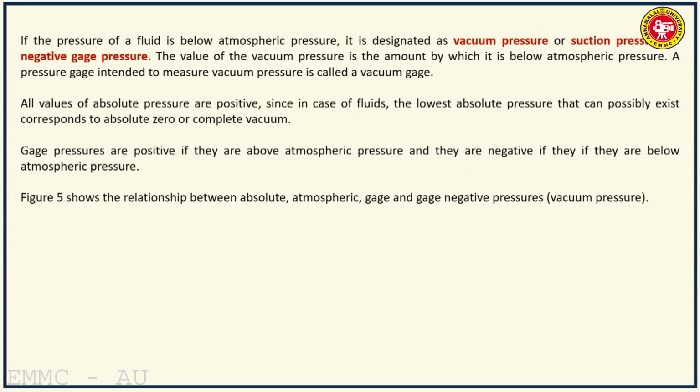And again, the gauge pressure can be positive or it can be negative. If the pressure of the fluid is below atmospheric pressure, then the difference between the reading shown by the pressure gauge and the atmospheric pressure is called vacuum pressure, suction pressure or negative gauge pressure. So there are 3 different names, synonyms: vacuum pressure, suction pressure or negative gauge pressure.